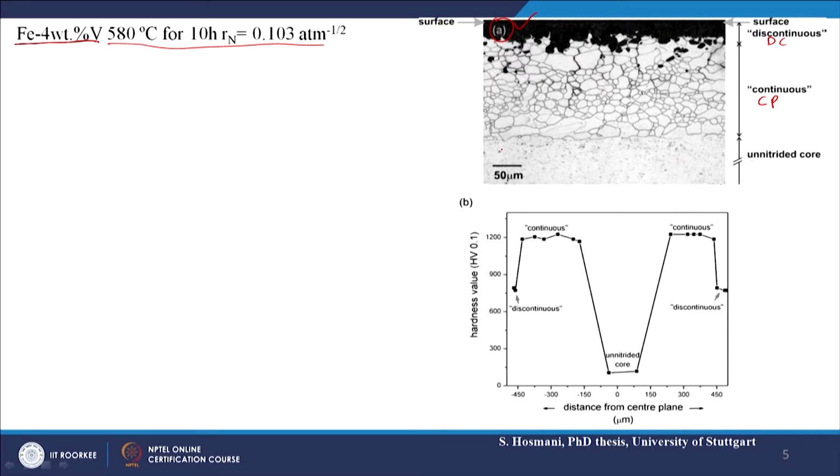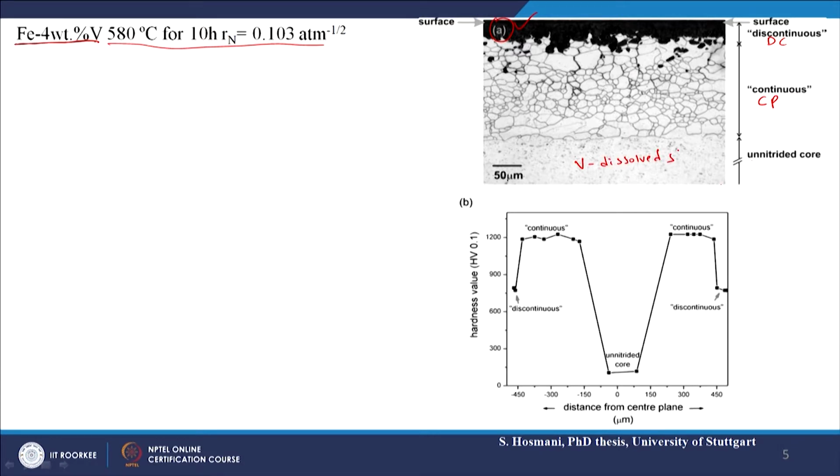Yeah, you see that when you do the etching with nital, this unnitrided core is not revealed in that region, we are unable to reveal the ferrite matrix grain boundaries, whereas in the nitrided region we are able to reveal them. That is because in this unreacted core, vanadium is present in dissolved state.